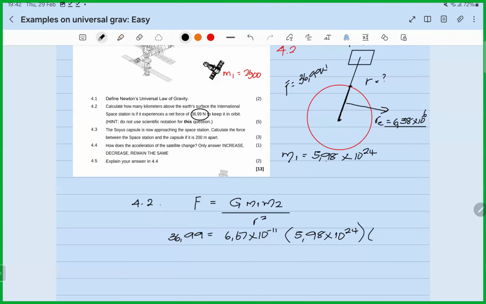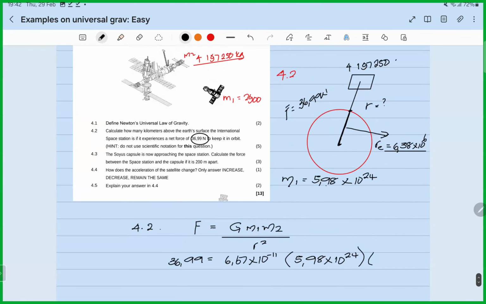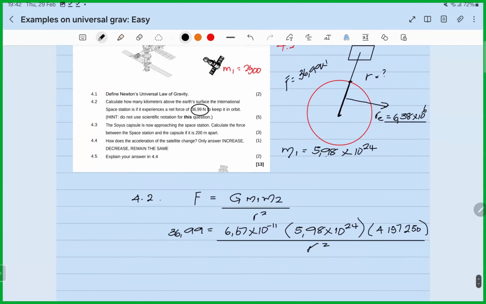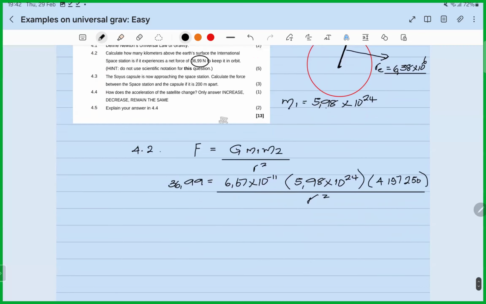Mass 2 is the International Space Station, 4,197,250. And we're going to divide that by R squared, which is the distance from the center of the Earth to the ISS. So R is going to be the square root of that entire term on the right-hand side.